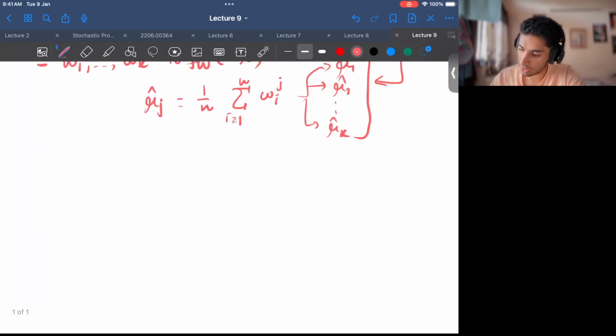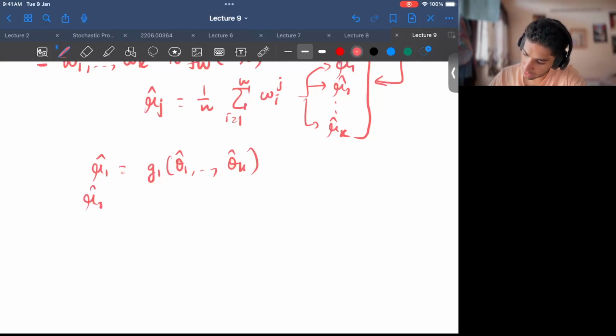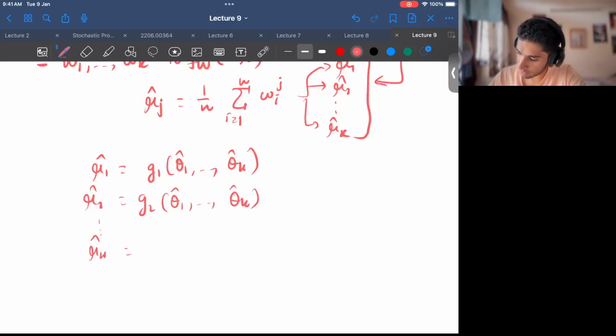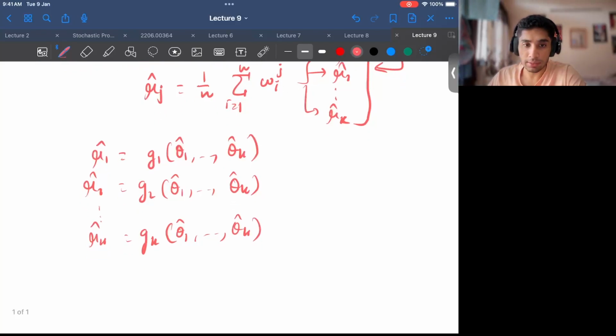After you have calculated this, you just substitute and club these two things. So you come up with a set of k equations. You say mu1 hat is equal to g1 of theta 1 hat till theta k hat, mu2 hat is g2 of theta 1 hat till theta k hat, and so on till mu k hat, which is equal to gk of theta 1 hat to theta k hat.